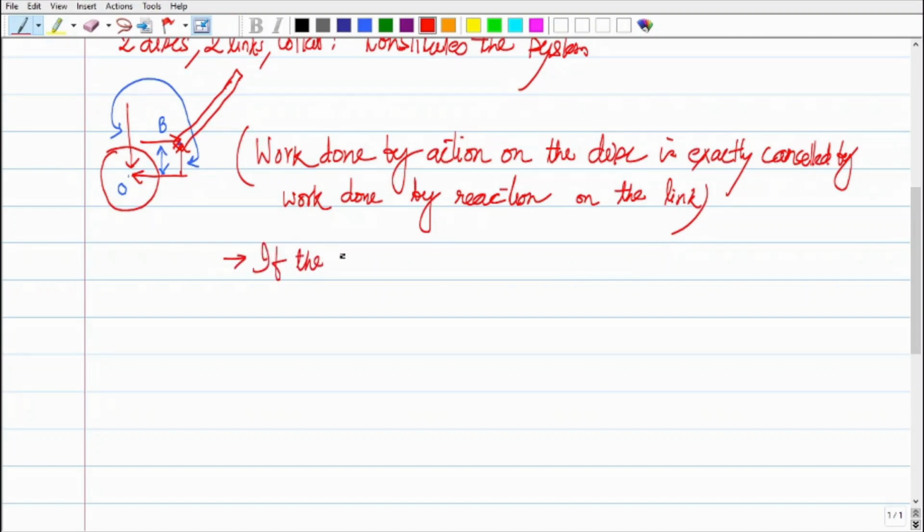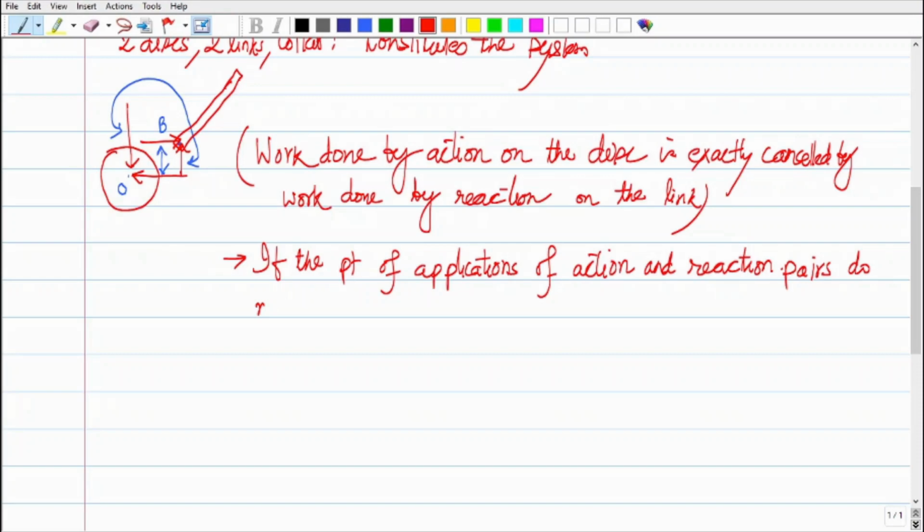If the point of application of action and reaction pairs do not undergo same displacement, then the net work done is not zero.